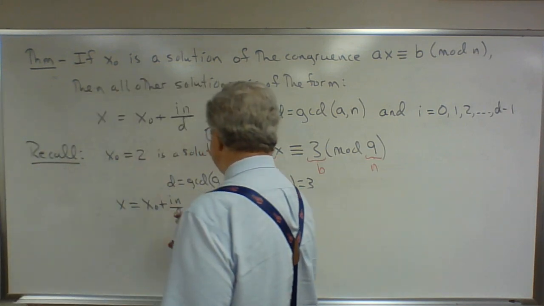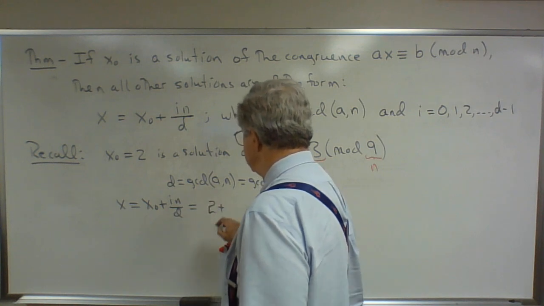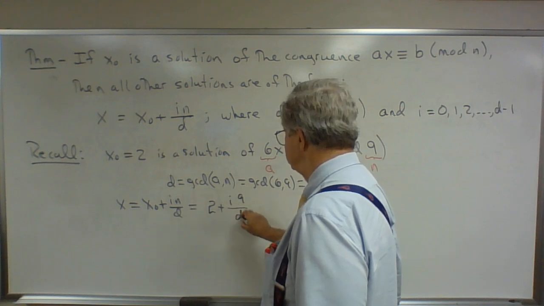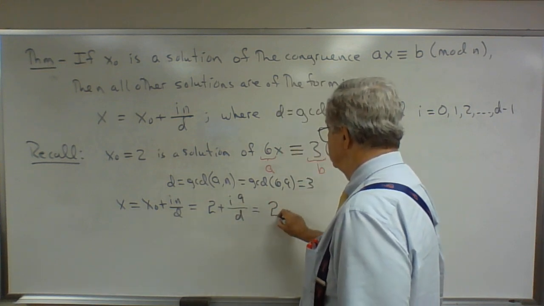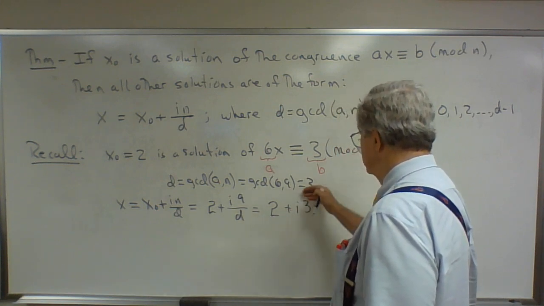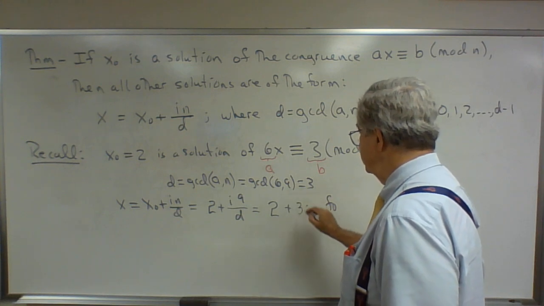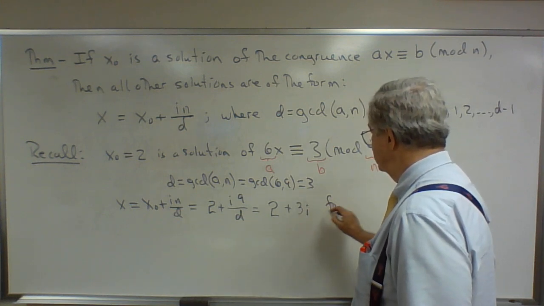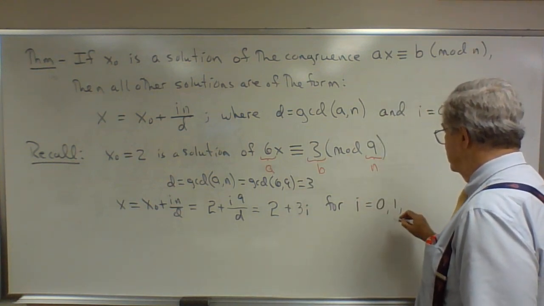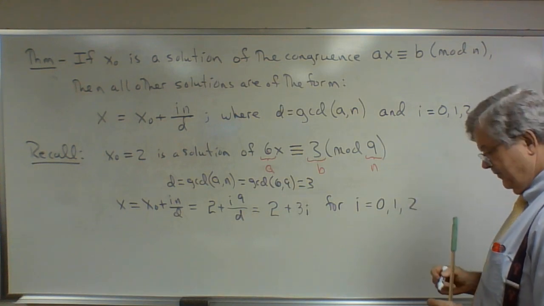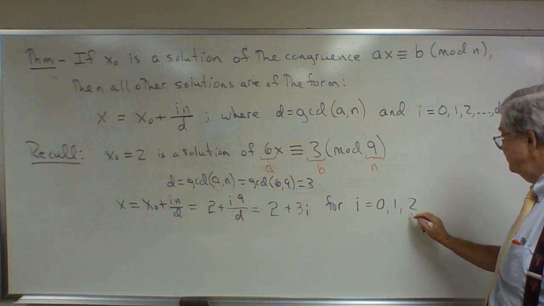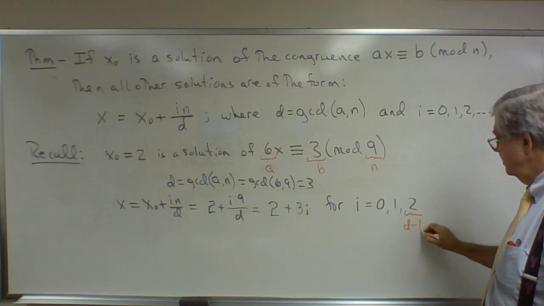And x naught is 2, plus i times n, which is 9, over d, which is 3. 2 plus i times 3, or let's just say 3i, for i equal 0, 1, 2, and I stop at 2 because this is d minus 1.